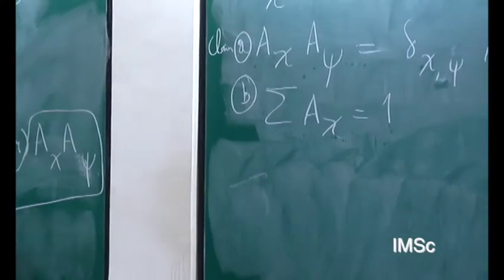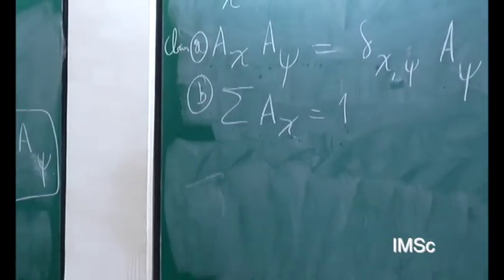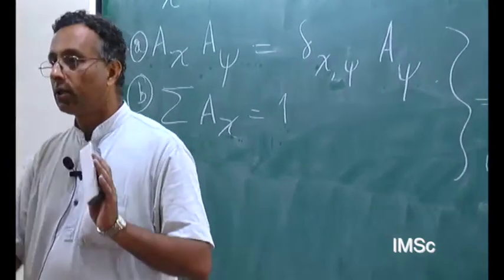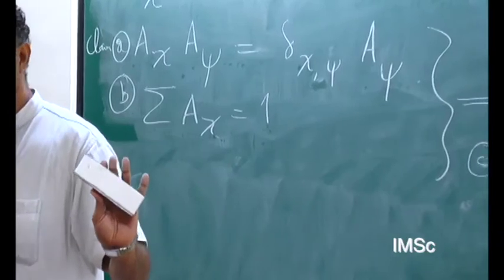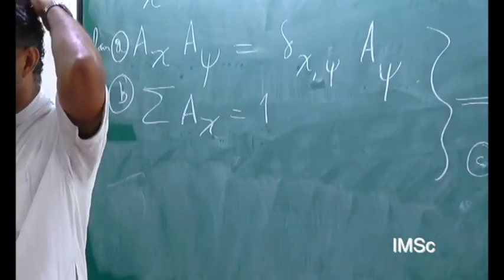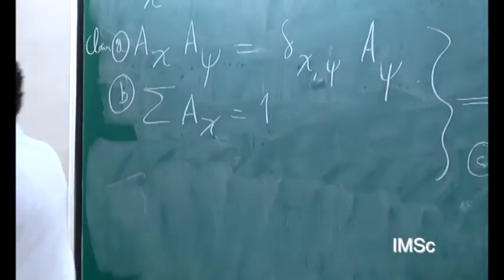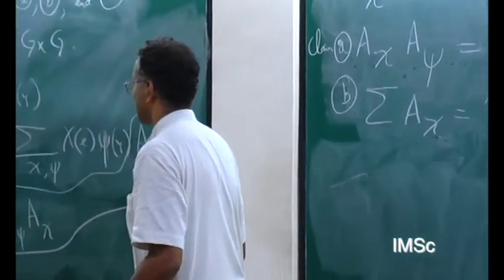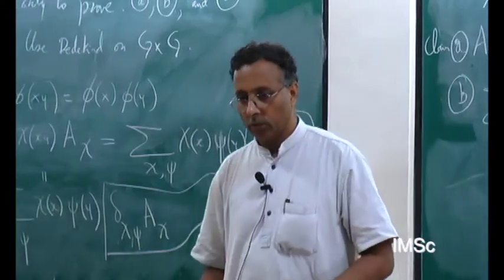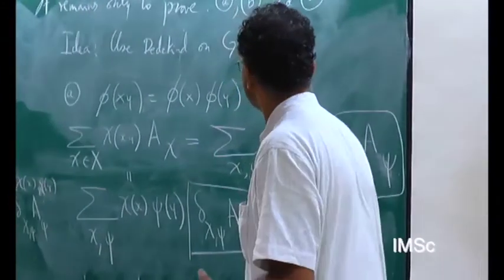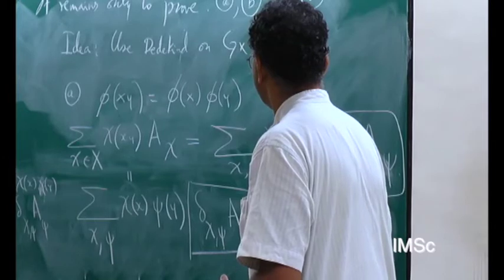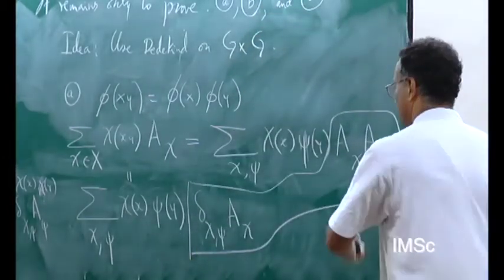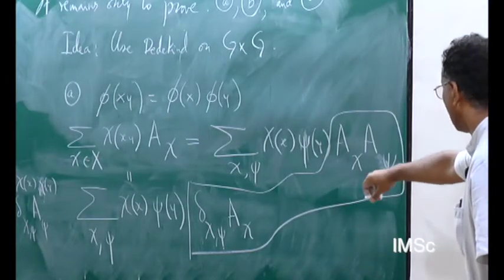So we have this equation, right? Now what is it? There are two matrices, right? Remember this. Well, let me say it. I'm afraid I cannot say more than this.